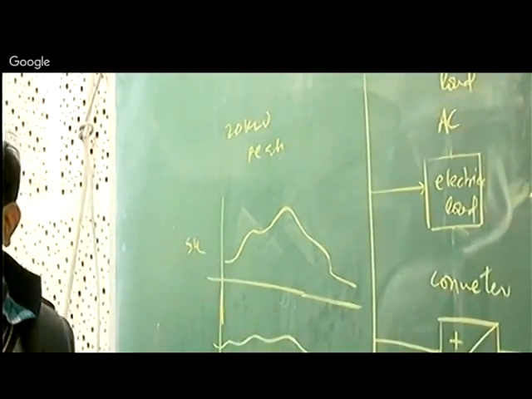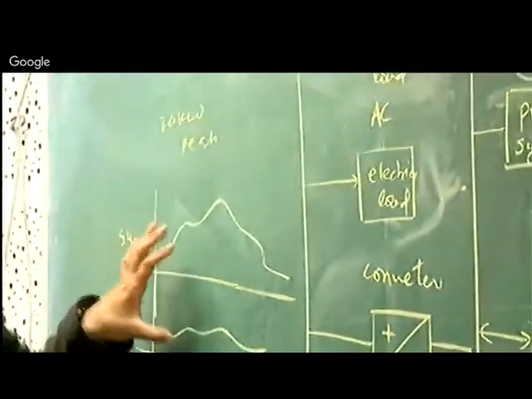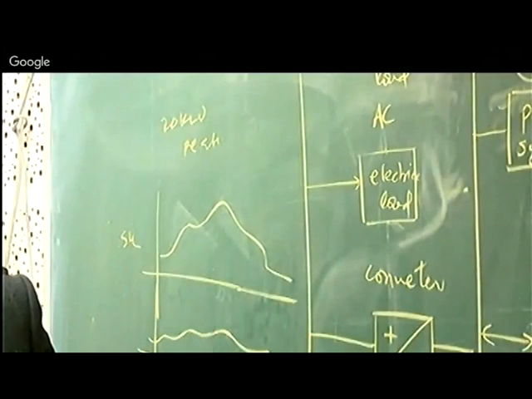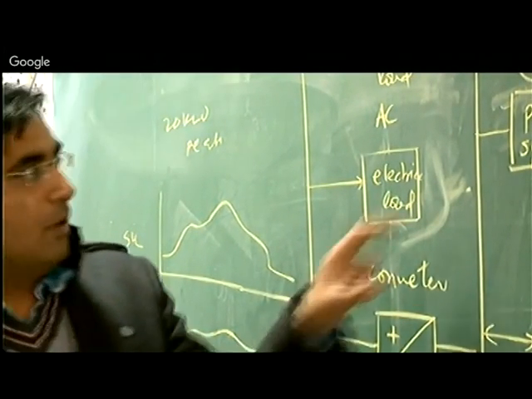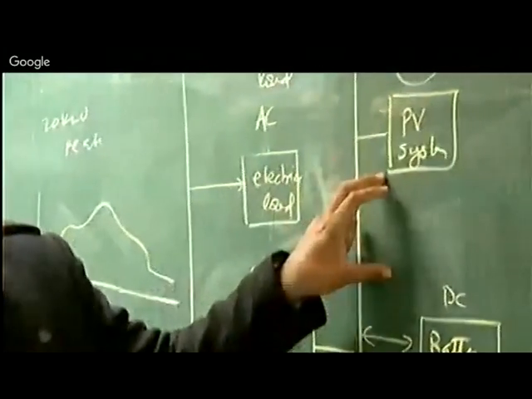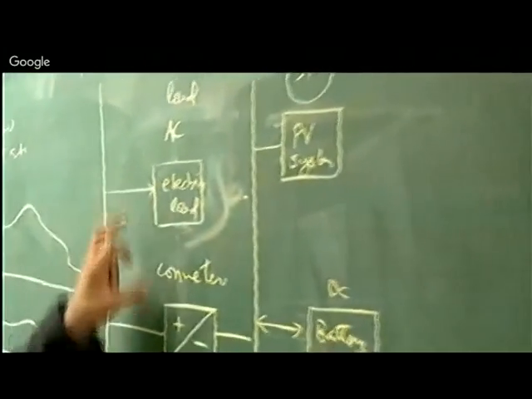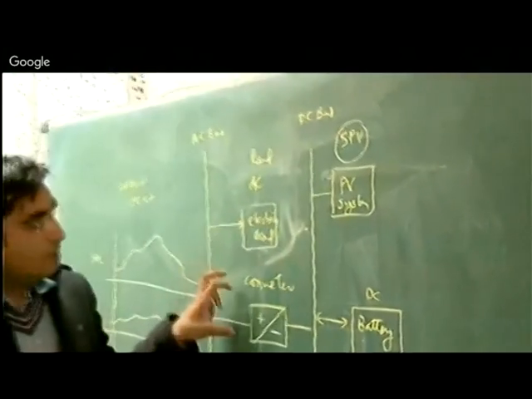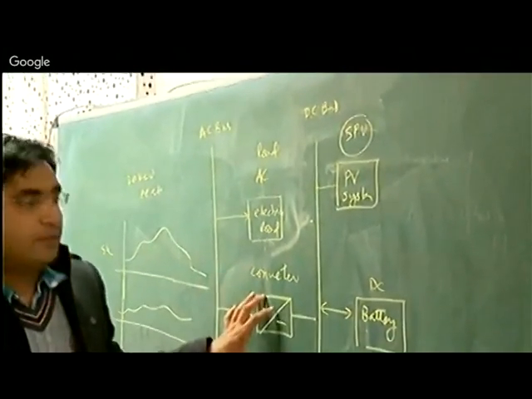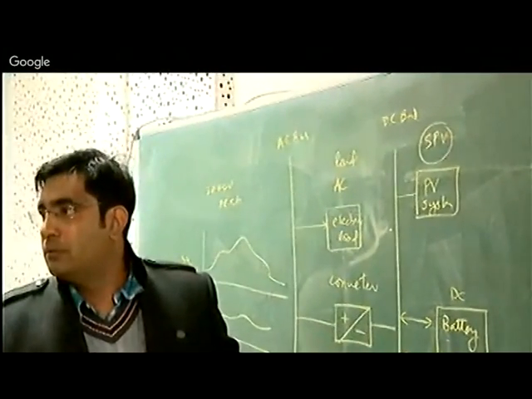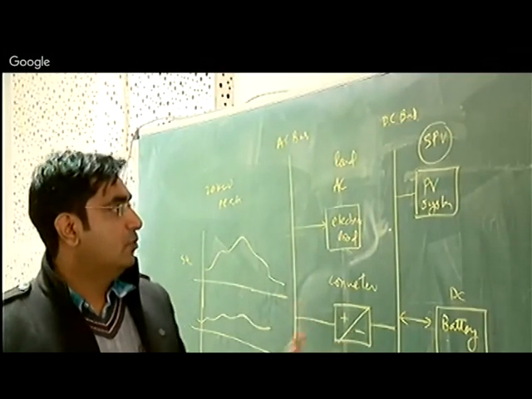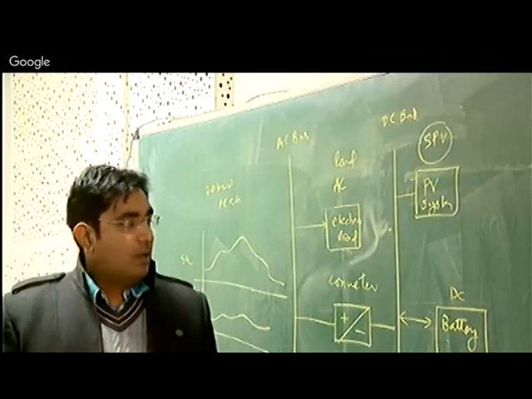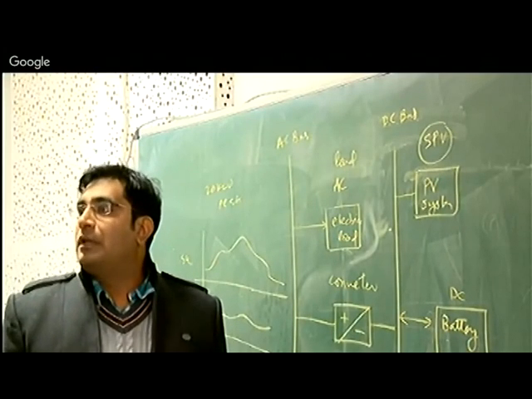According to that load graph, how much capacity am I going to choose? That is one big question. I need to design this system in such a way that all the demand is met. Second, I require this system to be optimized. The second important question is whether this system is economical or not.